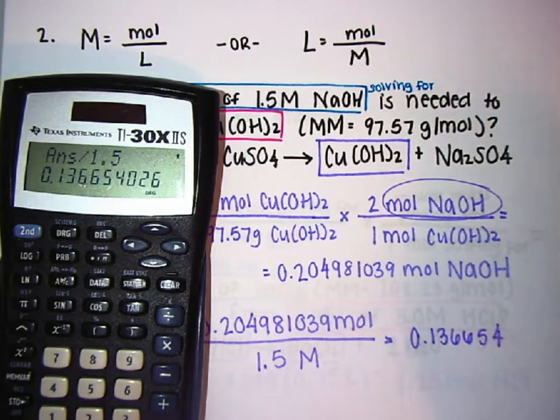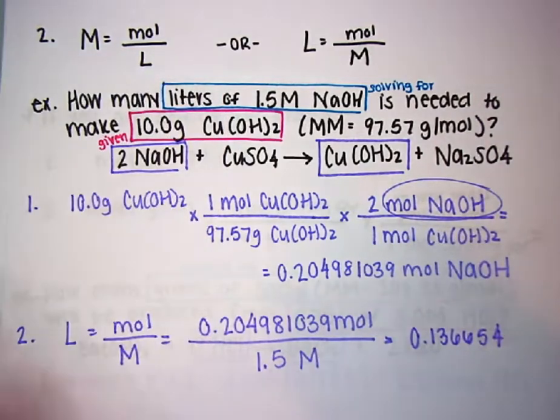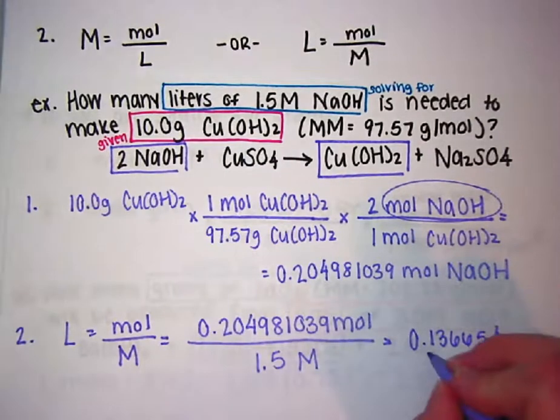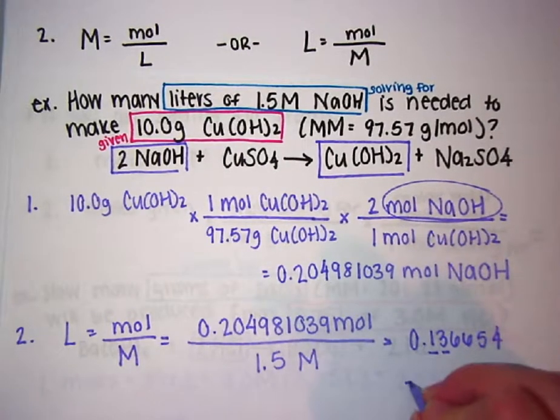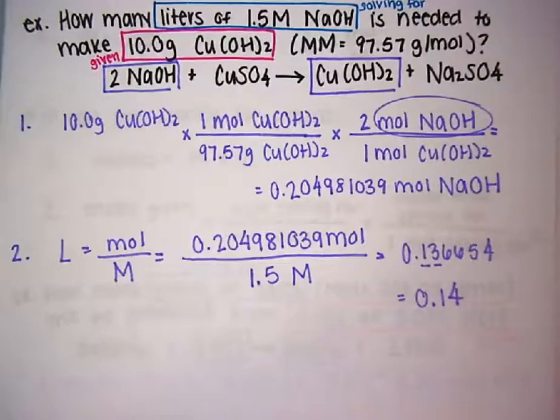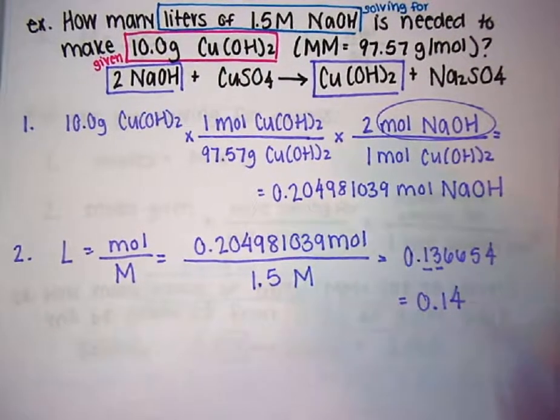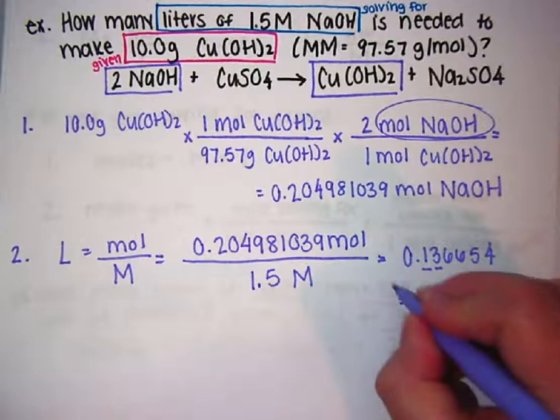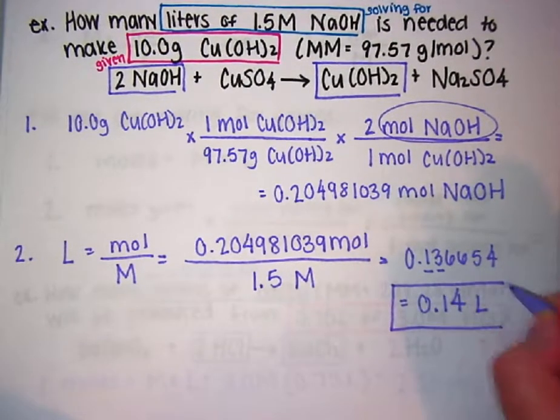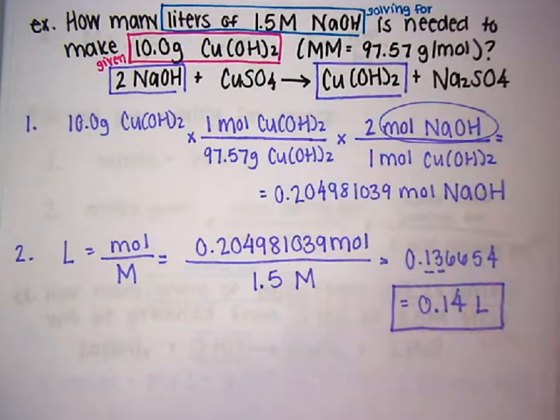And now I'm going to round. Since 1.5 only has 2 significant figures, my answer can only have 2 significant figures. Since the next digit is 5 or above, 0.13 would round up to 0.14, and my unit would be liters. So final answer, we need 0.14 liters of sodium hydroxide.